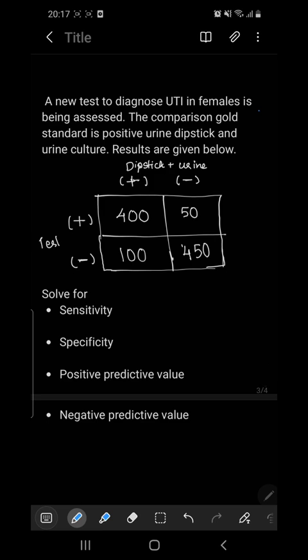Alright guys, so here we have the question, but first of all, let's just discuss the topics. Here we have a square, and on top we have the disease states or the reality, and it could be either positive or negative. And here's the test results, which could also be either positive or negative.